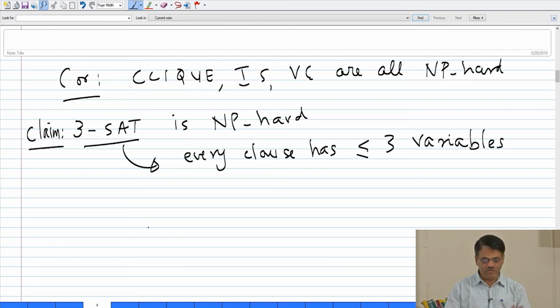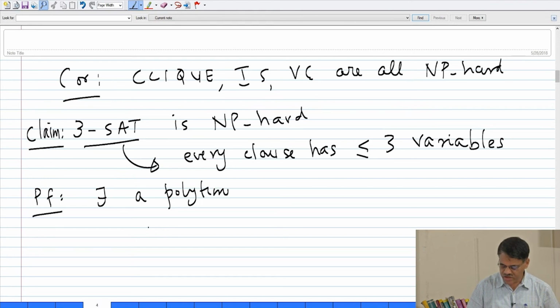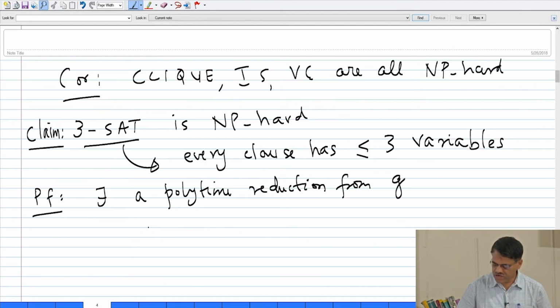Okay. Let me just give you an argument of why, or give you a reduction. Maybe I won't give a complete proof of it. So let's say if I want to show this from general SAT, what should I do? The proof I want to give is that there exists a polytime reduction from general CNF SAT.